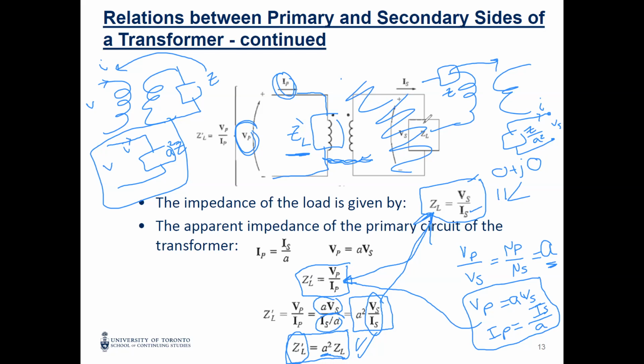So any impedance going from the secondary to the primary, you multiply by A squared. Anything in the primary moved to the secondary, you divide by A squared. So you can do referring to the primary or to the secondary, from the secondary to the primary or from the primary to the secondary side. Okay?